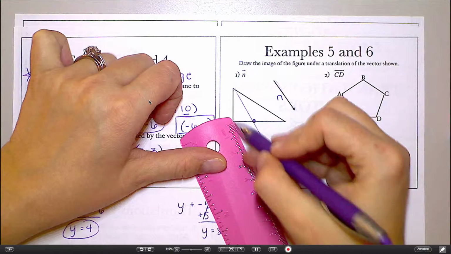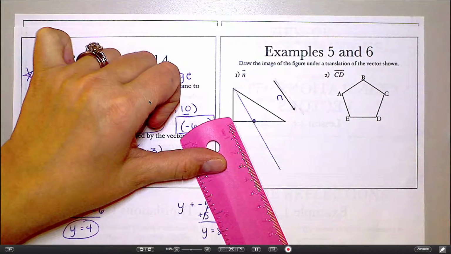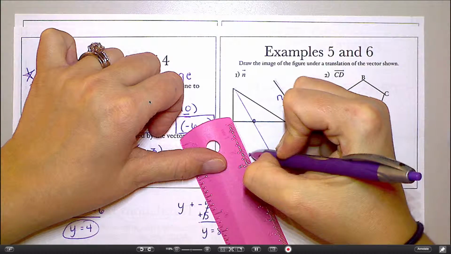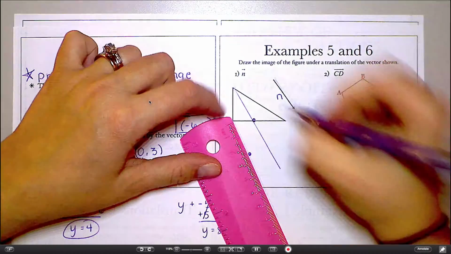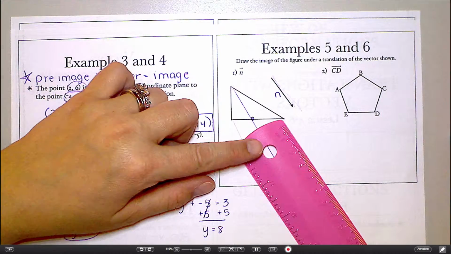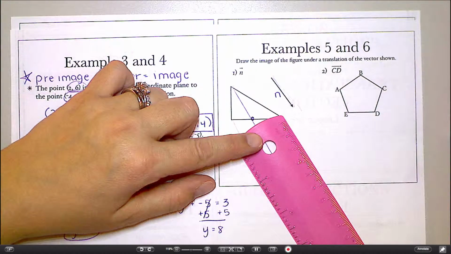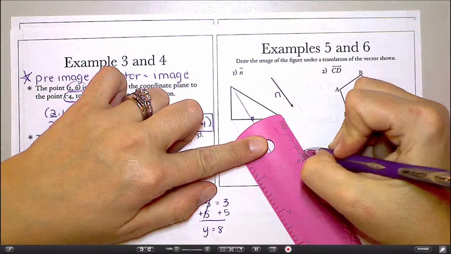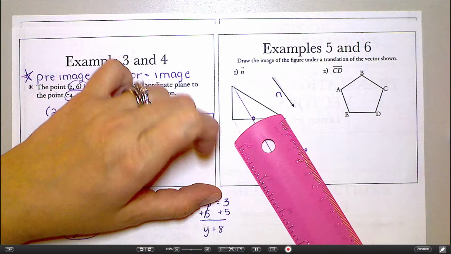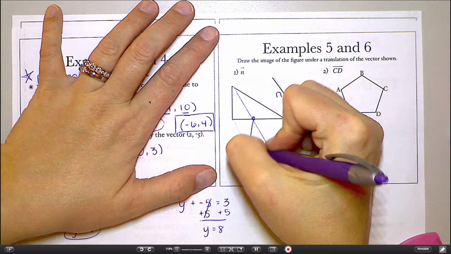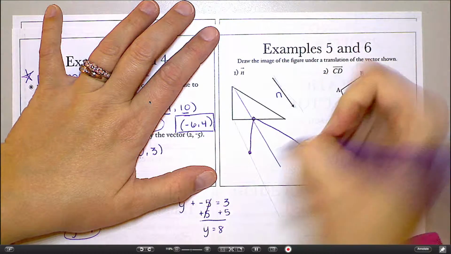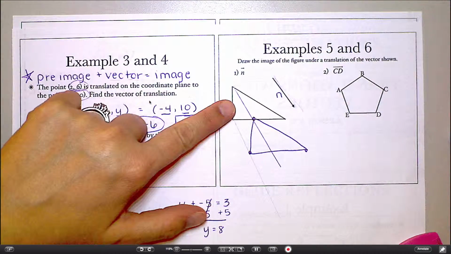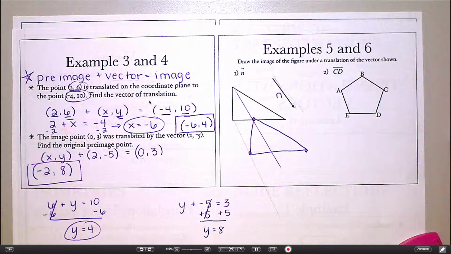So I want this line and this line and this line, all of those lines to be parallel to each other, and 2.5 centimeters. Okay, and then same thing from this end point, trying to keep that line nice and straight. I'm going to go 2.5 centimeters, draw a dot. And then I'm going to reconnect my points. Okay. And I've now taken that triangle and translated it by that vector.